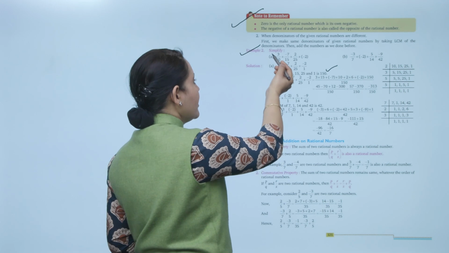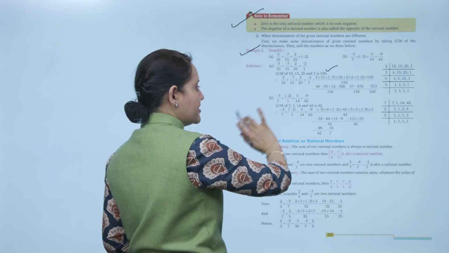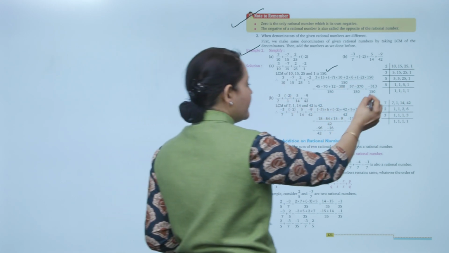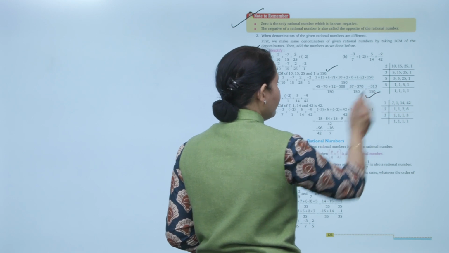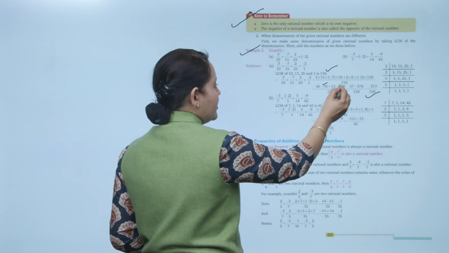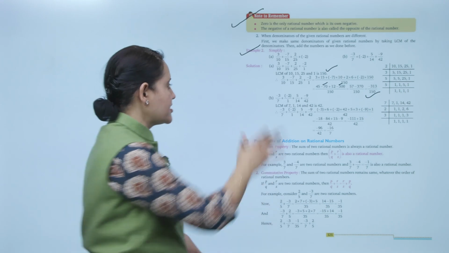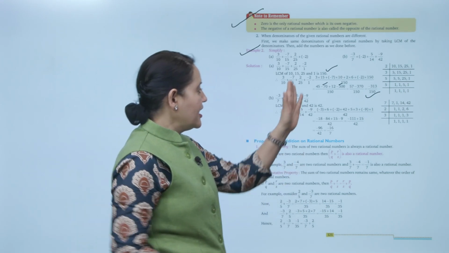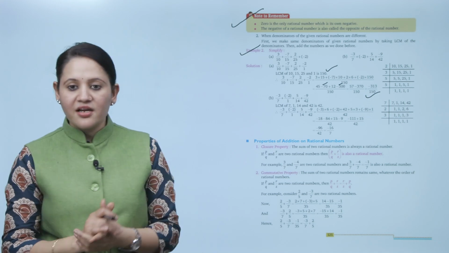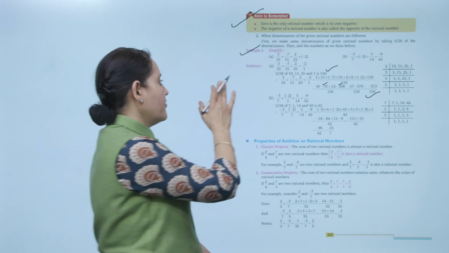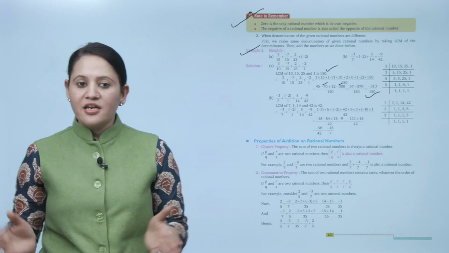So multiply the numerator by 15 like this, and then solve it. That equals minus 313 upon 150. Both are negative numbers, so we add them, and the positive number we subtract. The negative value is greater, so the answer will be negative. Clear? So like this we will add numbers.